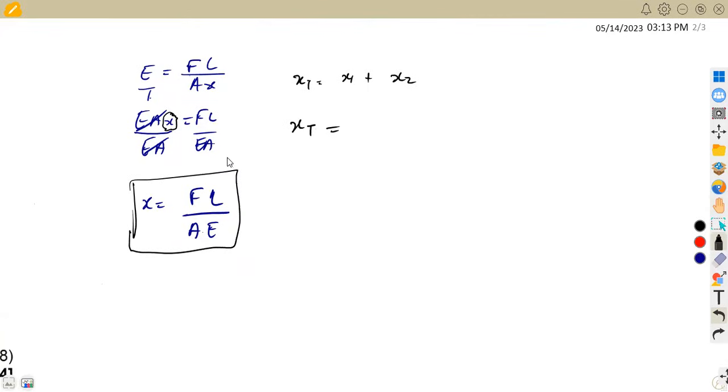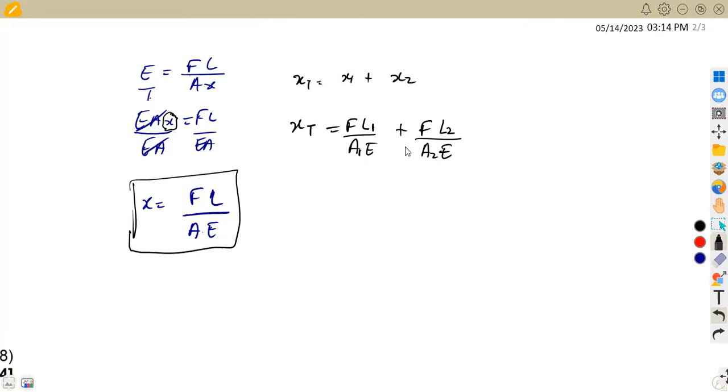From the first part, we have F times the length of the first part over the area of the first part times E. The force is not going to change and E is not going to change. For the second part, we also have FL2 over area 2 times E, where F and the Young's modulus do not change.